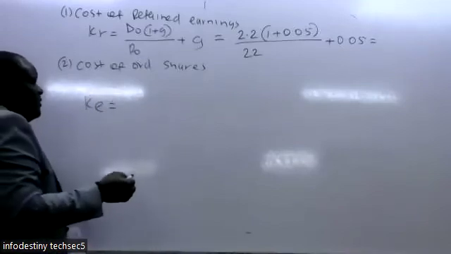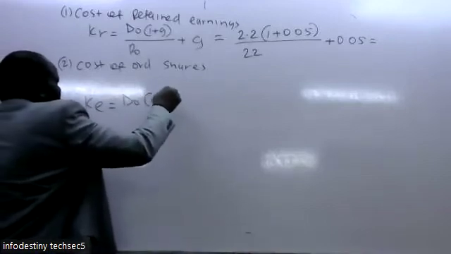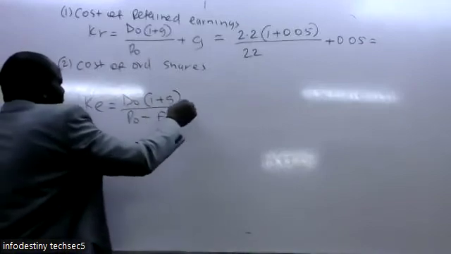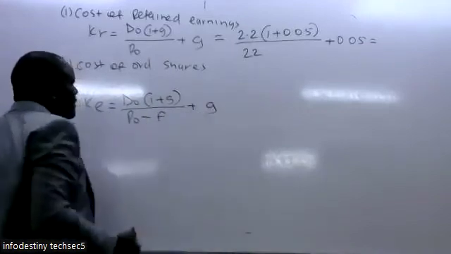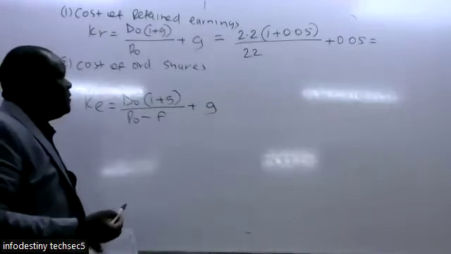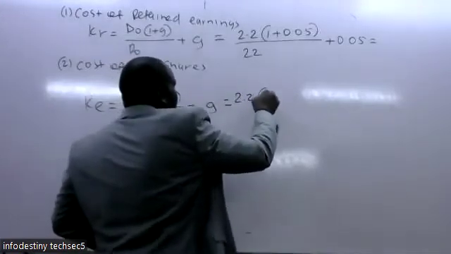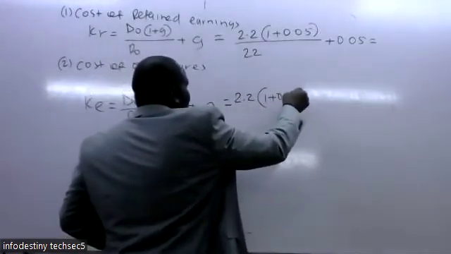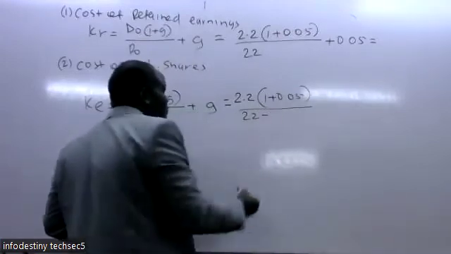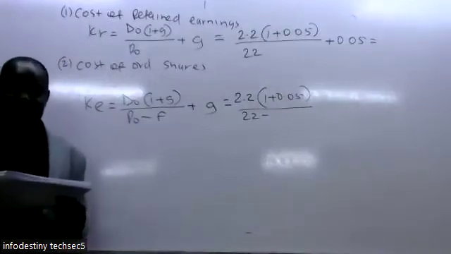So KE should be given by DO (1 plus G) divided by PO minus the flotation cost. And G. So the same details: 2.2, 1 plus 0.05. We still divide by 22. We subtract the flotation cost.